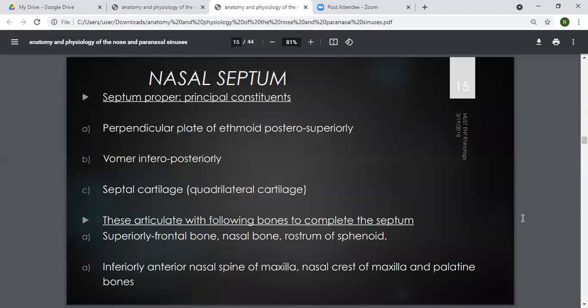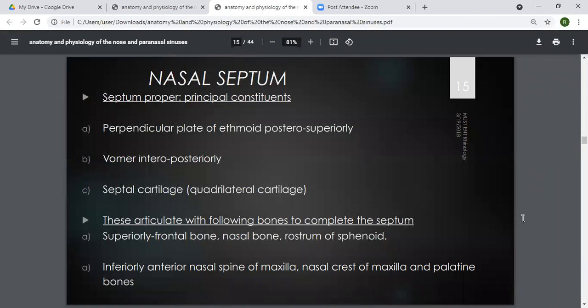So for the septum proper, like I had mentioned before, the constituents include the perpendicular plate of the ethmoid, which is posterior superiorly, the vomer, and then the septal cartilage, which we've been able to see. In other places, it's called the quadrilateral cartilage.